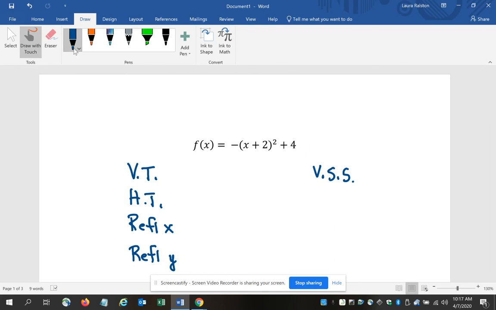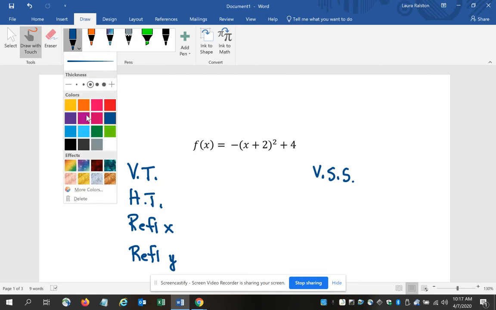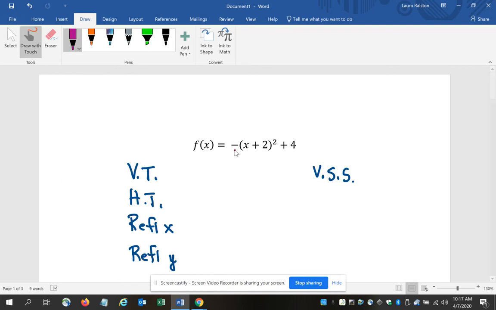If we identify the players in the problem, remember A is the number out front, which is an understood 1 here. It's actually -1. B is the number inside the grouping symbol with the x. H is the constant, and then K is tagged at the end.